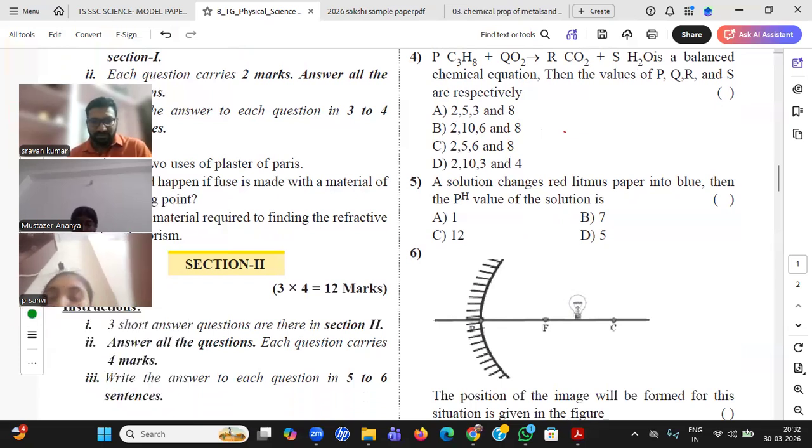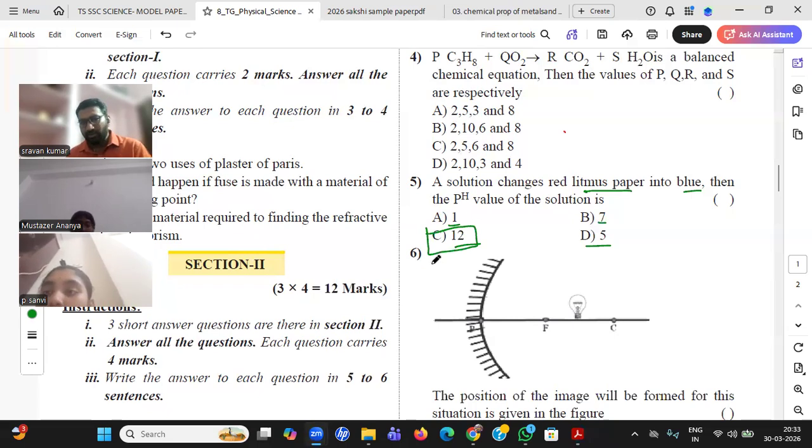Right answer. Come on, Ananya. Very good, right answer. Okay. So students, red litmus paper to blue means that should be base. And what is base? Whoever pH value is more than 7, that is base. I am able to see option C should be the right answer. You gave the option C only, right? Yes. Okay, more than 7, that should be base. So, C is the right answer.